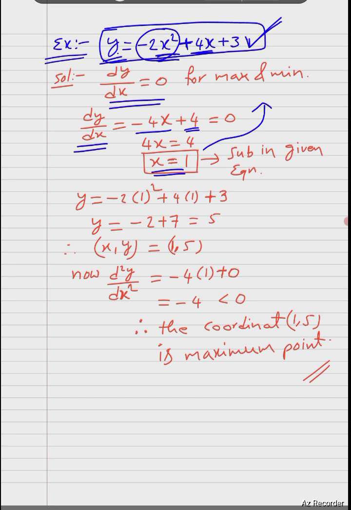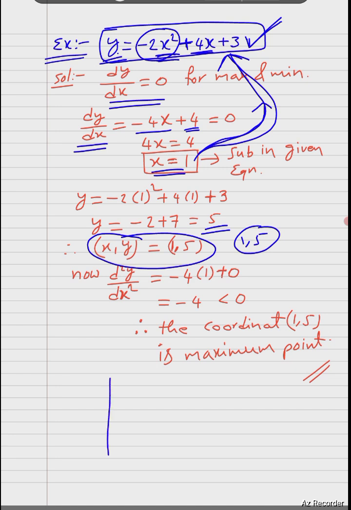Okay, now what is the coordinate? To find out the y coordinate, substitute this x value in the given equation. Now we got x value. To know the y coordinate, substitute this value in this given equation. We get y value 5. Now that point on the curve is 1 comma 5.